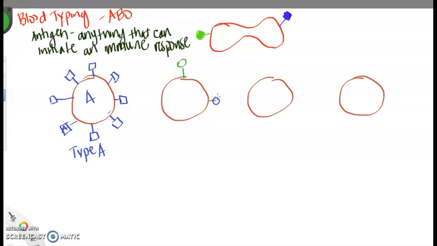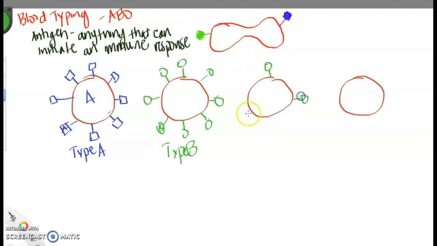If you have B antigens on your blood cells, so these are B's, then you're type B blood. Okay?